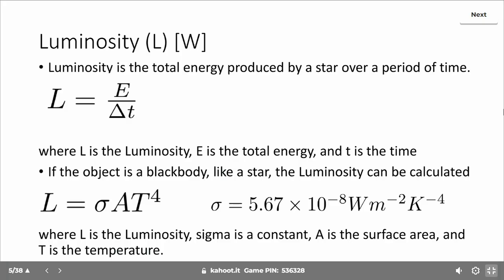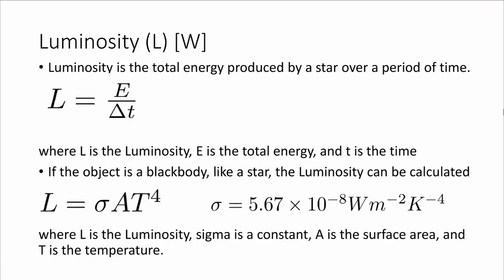We've talked about luminosity, so this is the definition for luminosity: energy output per unit time. That is also called power, and it has units of watts. And for a star, we're going to use this equation to calculate the luminosity given the size of the star and its temperature. So this sigma is just a constant that you can see here.